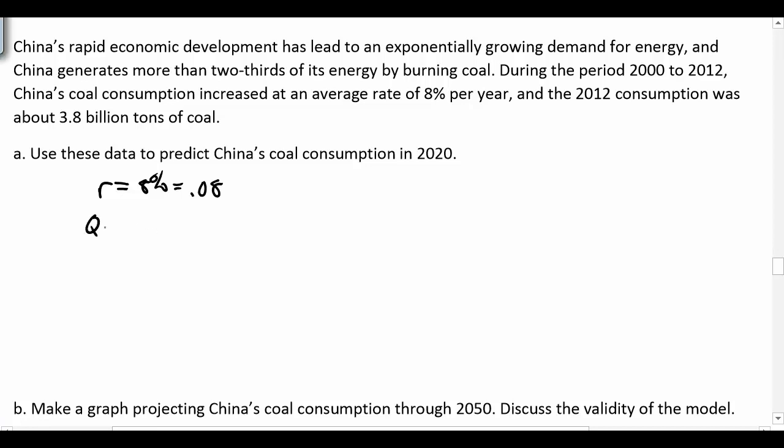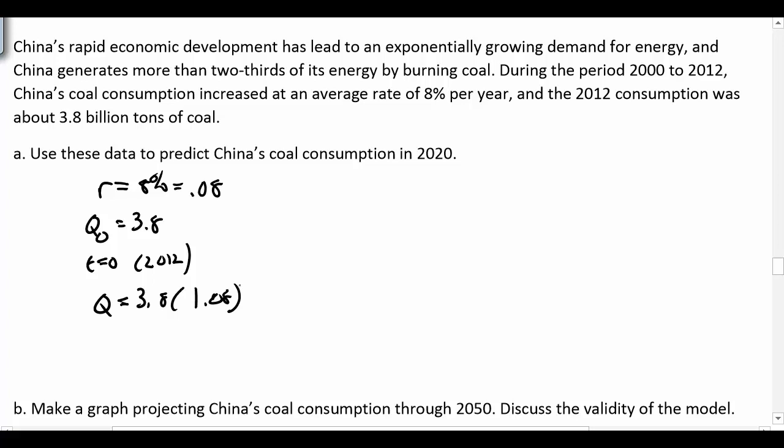So we're going to treat time 0 at 3.8 billion, which is 2012. So Q equals 3.8 times 1 plus 0.08, so 1.08, raised to the t power.